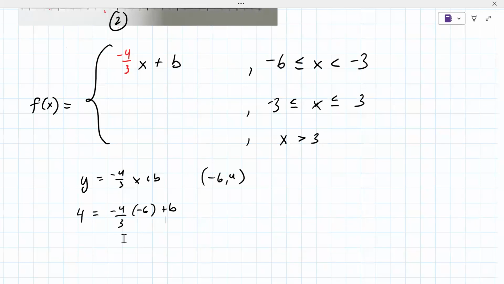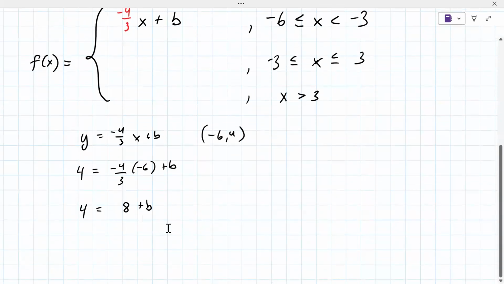So 4 equals 8 plus b. For some reason, I thought that was a 6. My handwriting's not great, especially late in the day. I get it. So subtract 8 from both sides. What's the value of b? -4. So that goes back in here.